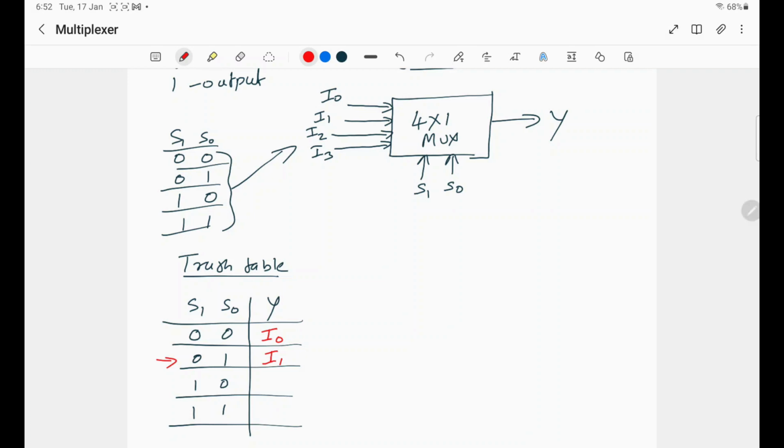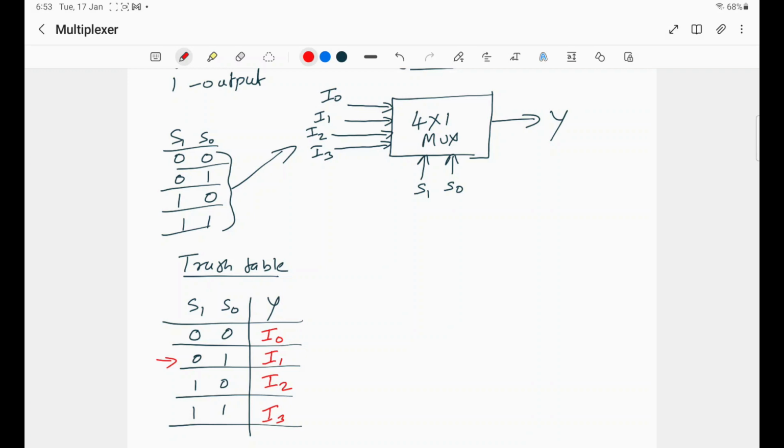When S1 is 1 and S0 is 0, we will get I2 at the output, and finally when both select lines are 1, we will get I3 at the output. So the order is not important. We can select in which condition which input should be available at the output as per our needs. Here I have maintained the order I0, I1, I2, I3 as per the select lines.